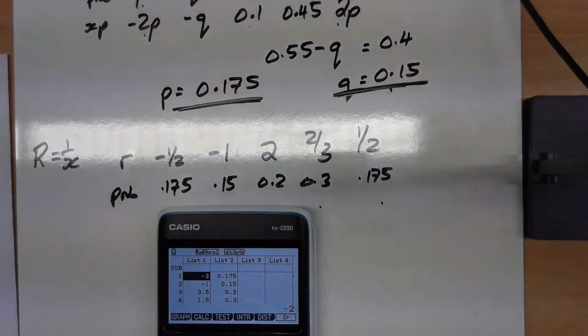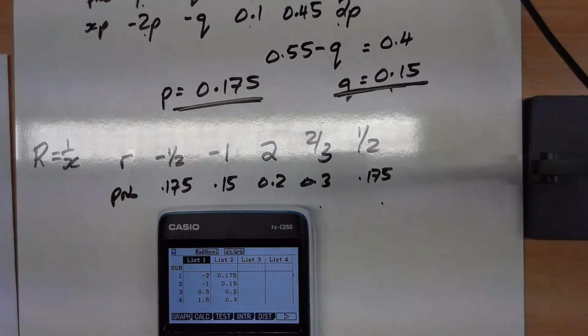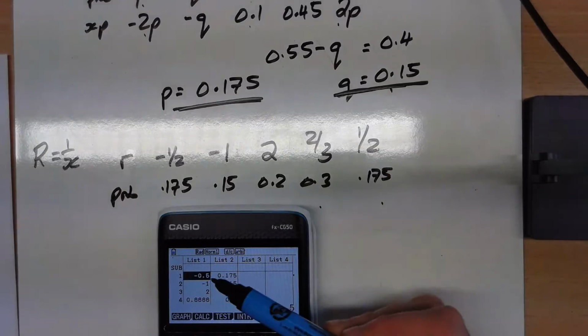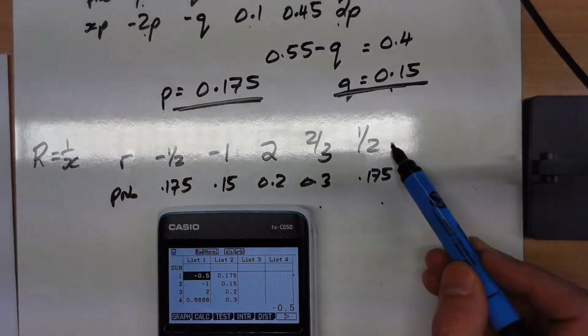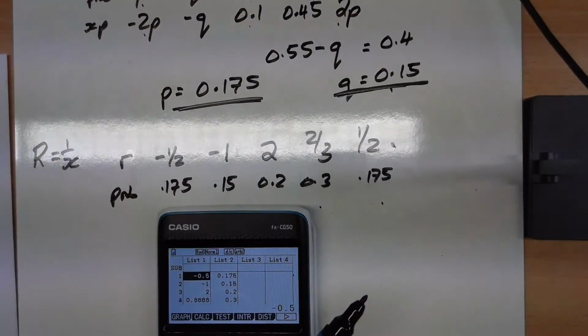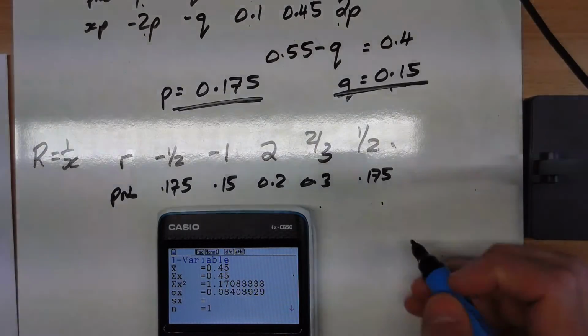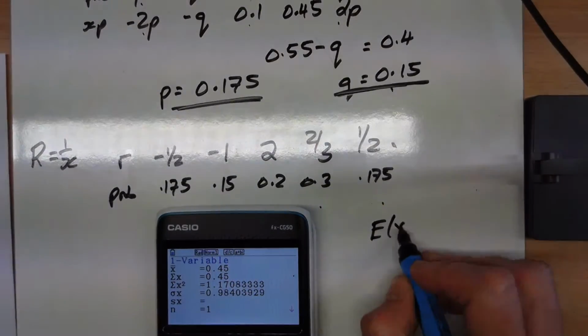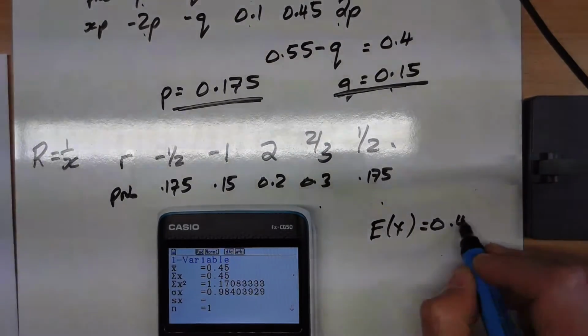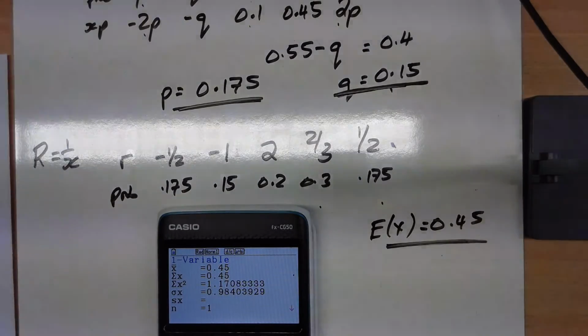I'll try that again, sorry about that. So in the column title there, you put what you want to do. So I want to do 1 divided by list 1. And magically, all of my numbers here have changed to the numbers I've got in the table. Now I can just go for the normal thing I did before, and it tells me my expected value of x here is 0.45. So there was a reason for watching for 5.5 minutes.